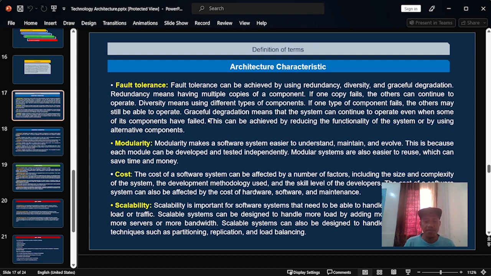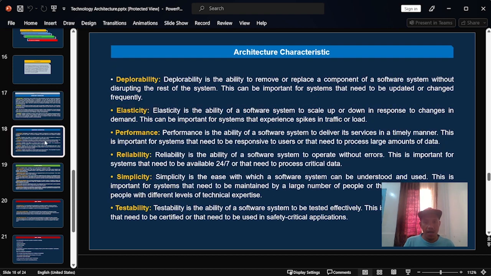A scalable system can also handle more traffic using techniques such as partitioning, replication, and load balancing. Scalability with load balancing is a perfect design for traffic and amount of load.